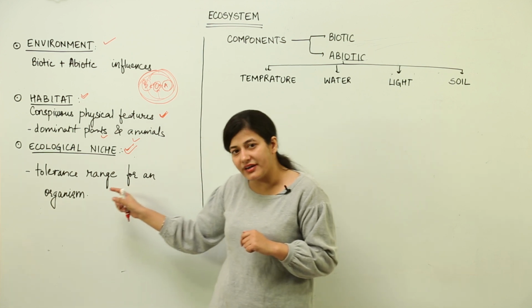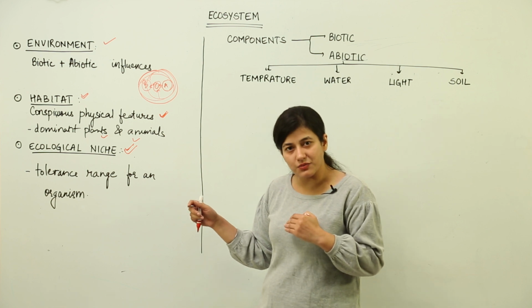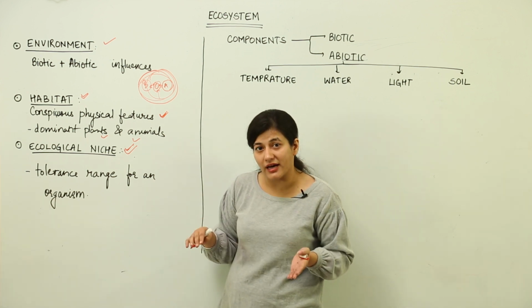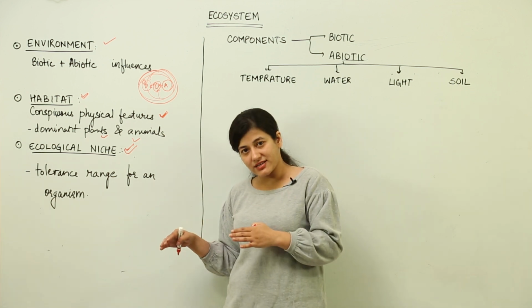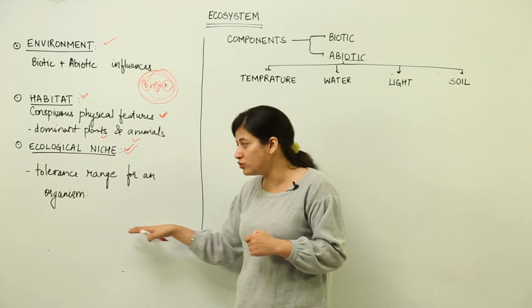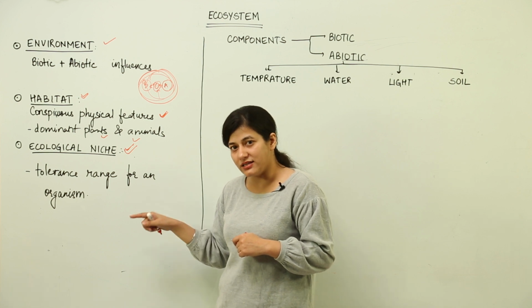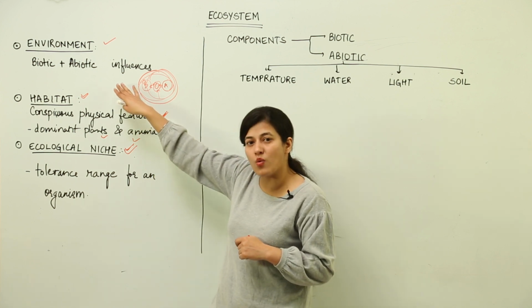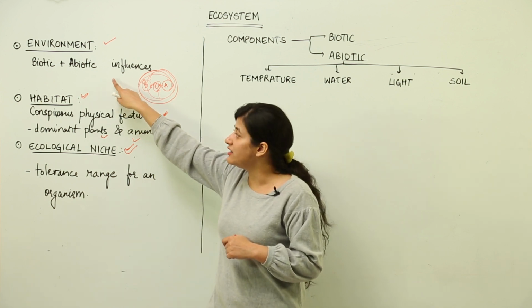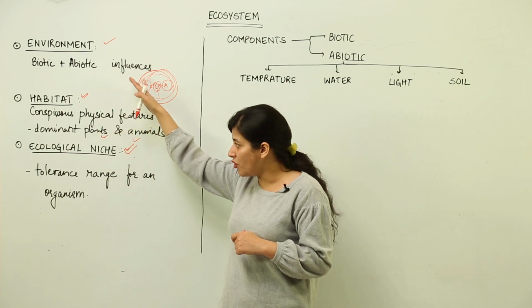That means it can tolerate that much range. If we talk about ourselves, we can tolerate the Arctic climate as well, and we can tolerate the desert climate as well. So we have a huge ecological niche, that is the tolerance range that an organism has learned, and it comprises the environment in which it survives, and the nearest being the habitat. I hope it is clear.